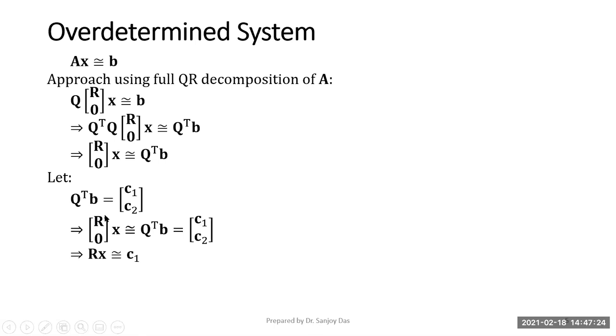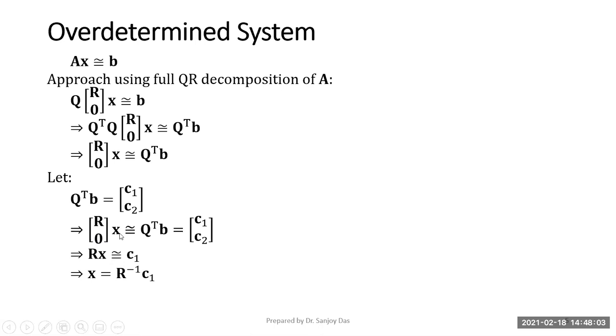And R is an upper triangular square matrix, right? And so it can be inverted right away. And I'll show you back substitution, how to solve expressions like this, where R is upper triangular or lower triangular. Okay, so X is R inverse C1. That's what we get. But if we equate the bottom M minus N rows, we have 0 on this side.